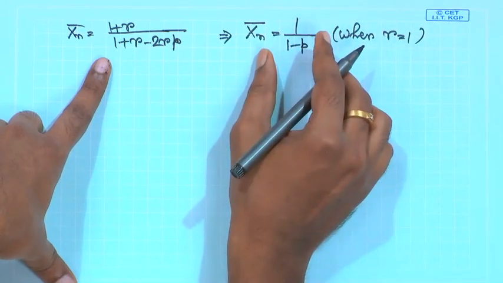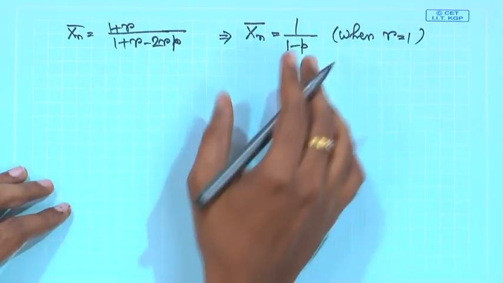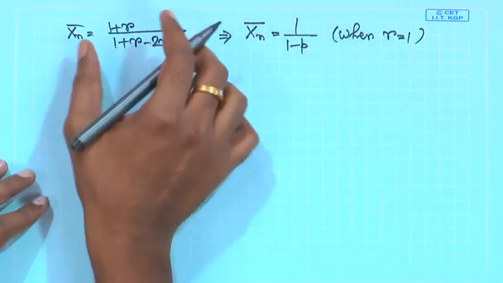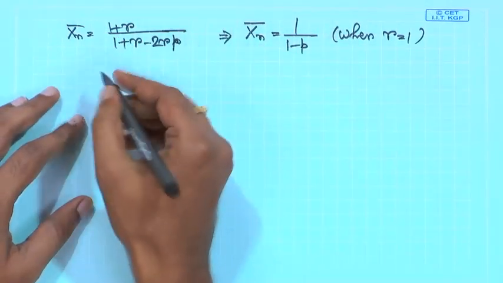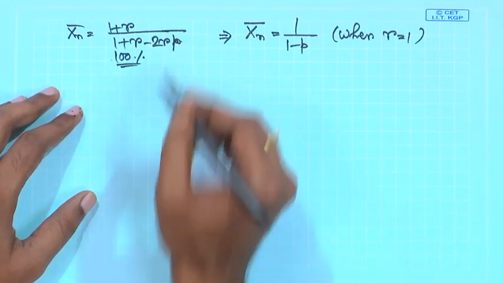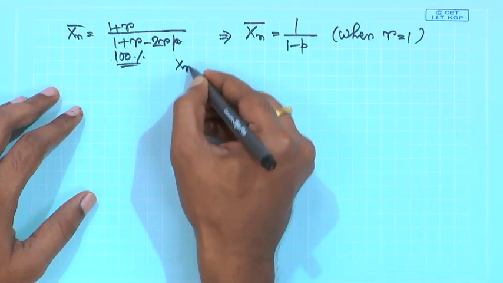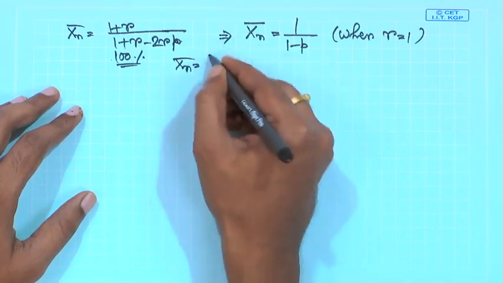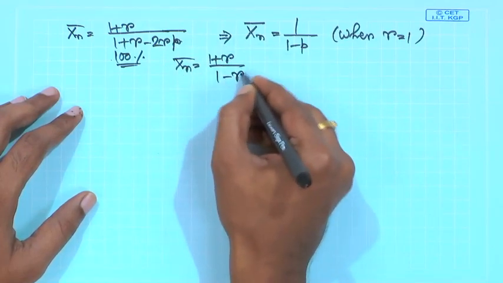This is the same expression that we got through the Carothers equation. So, this is a special case of this general expression. The other case is when your reaction is 100% complete, then p is nothing but 1, and your Xn bar equals (1 plus r) divided by (1 minus r).